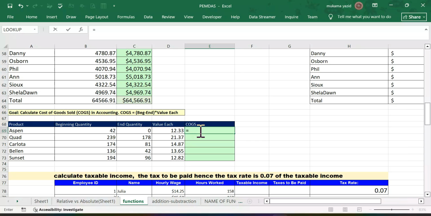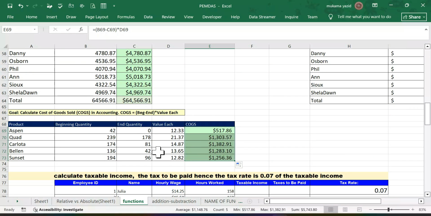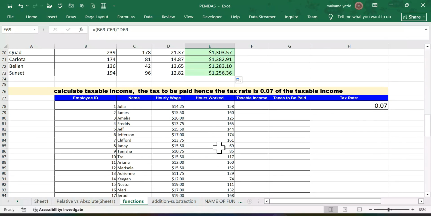Equals, open bracket, beginning, this is the beginning, minus end, this is the end, then close the bracket, multiply by this value, then press enter, then autofill, get the answer. The formula is already here, so you just need to come here and write the right thing.